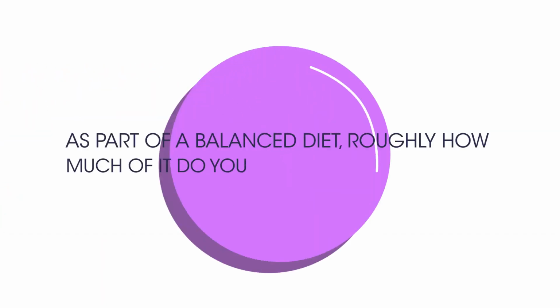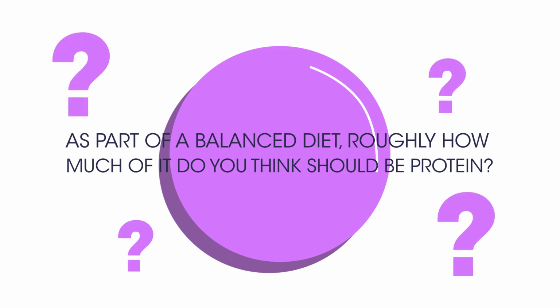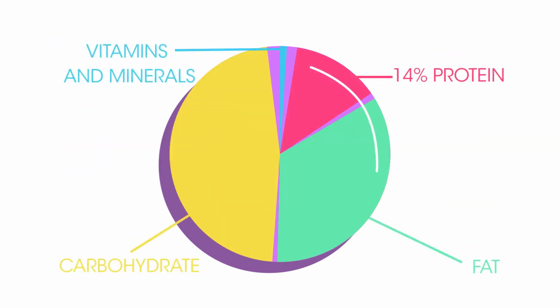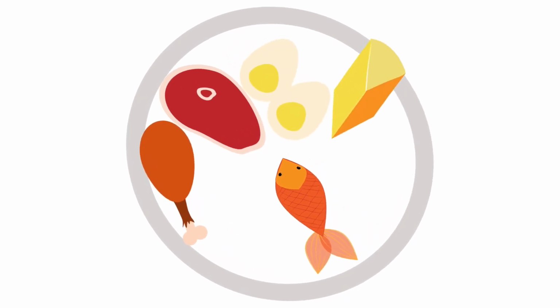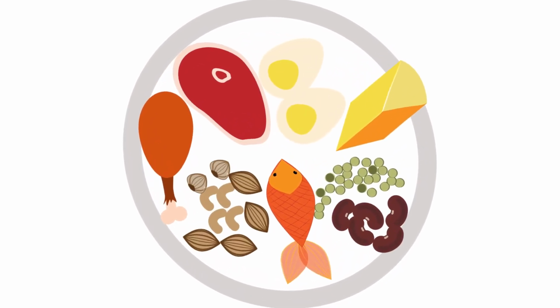As part of a balanced diet, roughly, how much of it do you think should be protein? About 14%. Sources of protein in our diets include meat, fish, eggs, cheese, beans, and nuts.